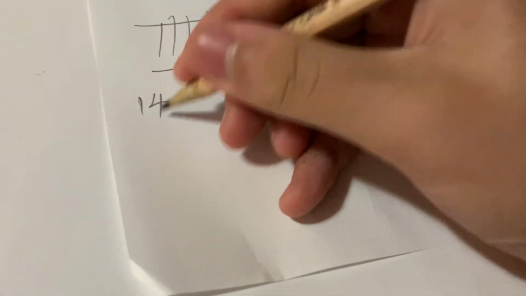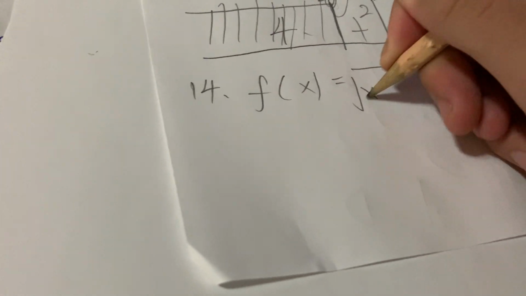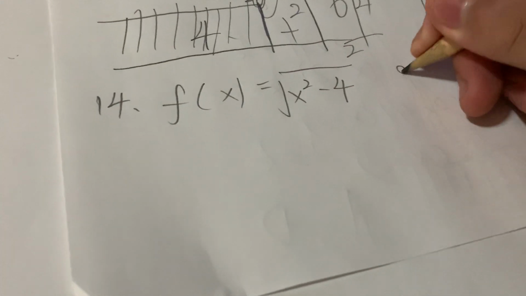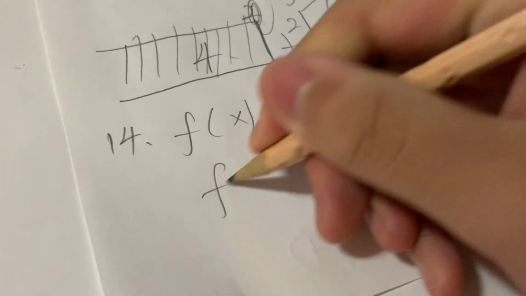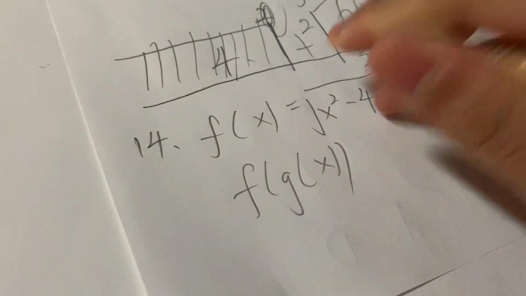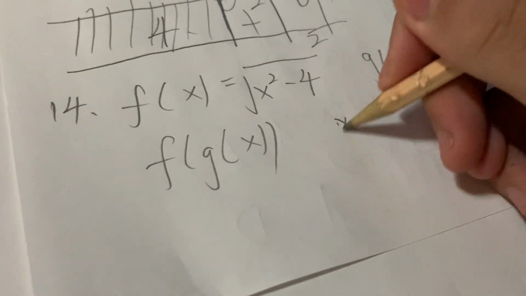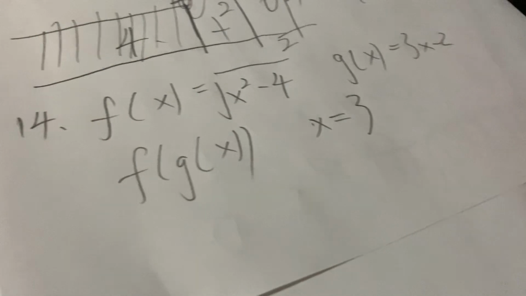14. This problem asks us, as a condition, f(x) is the square root of x squared minus 4 and g(x) is 3x minus 2. It requires us to find f(g(x)) in the case where x is equal to 3.